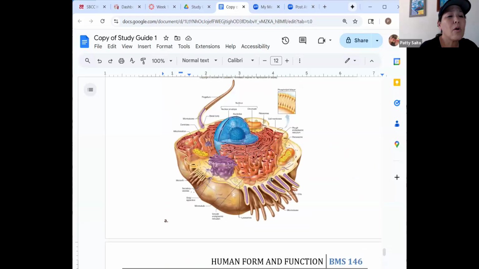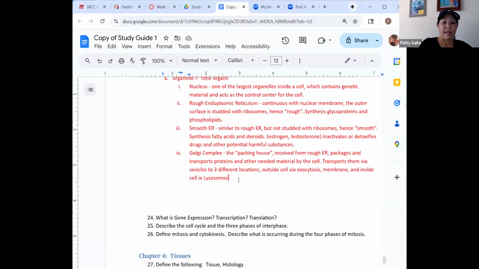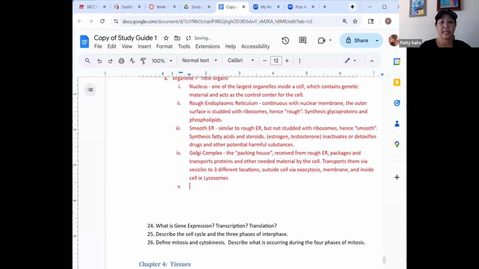So the Golgi, right here, this purple one. These are flattened sacs, but they do form vesicles that can bud off of it, and that houses maybe a protein or something that is transported outside of the body by exocytosis. So that's the Golgi.